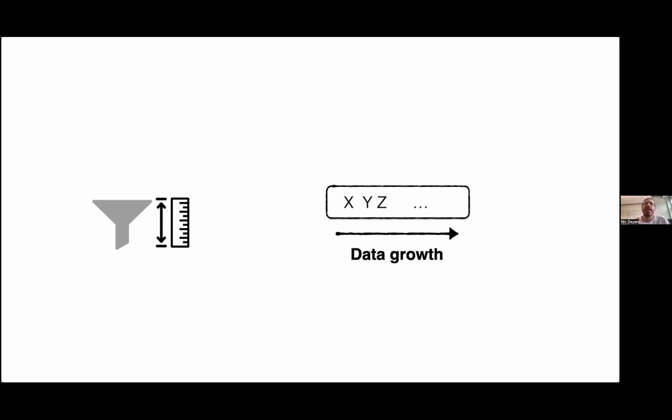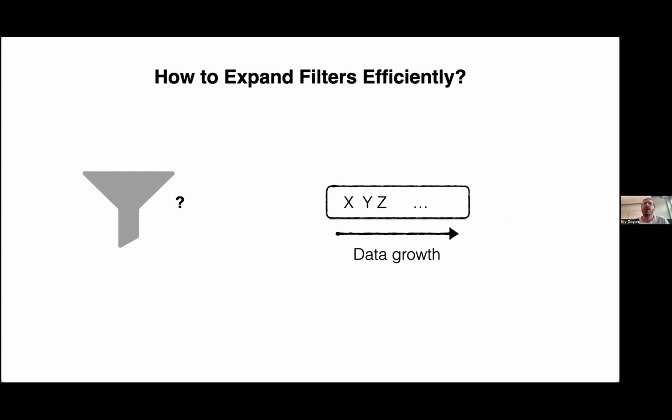However, in many applications, the data size is growing, and we don't actually know what the data size is going to be when we're first allocating the filter. This begs the question of how to expand the filter efficiently with respect to the data size, while ideally also maintaining good false positive rate and performance properties. That's the problem that we're trying to solve here.